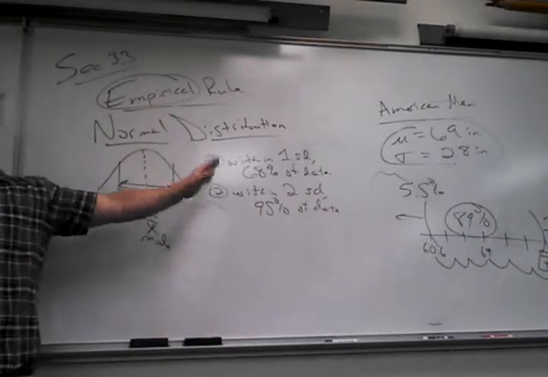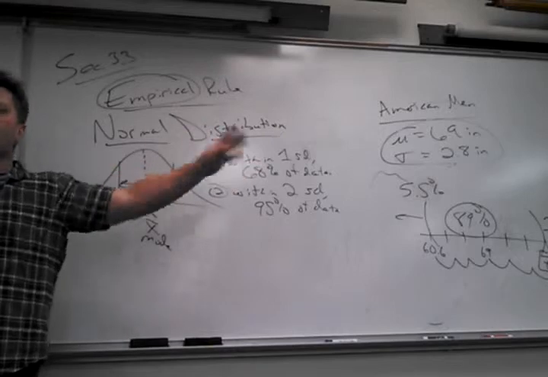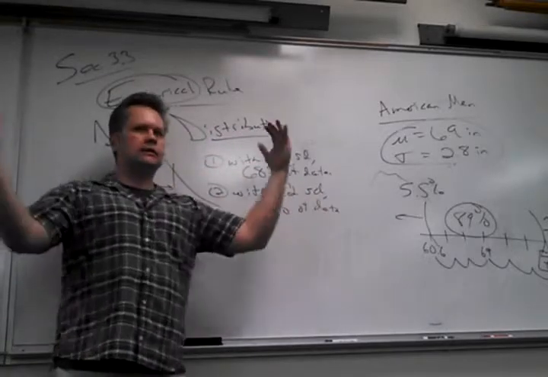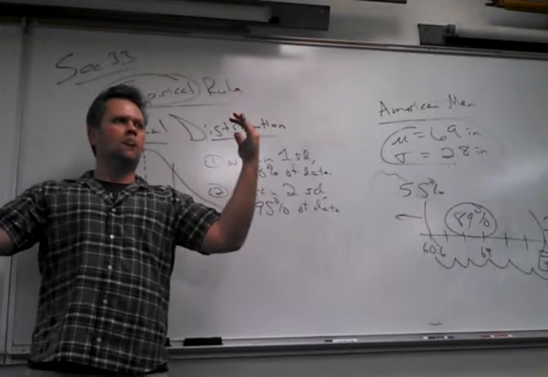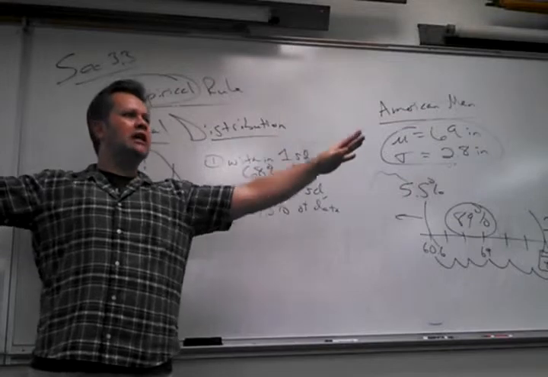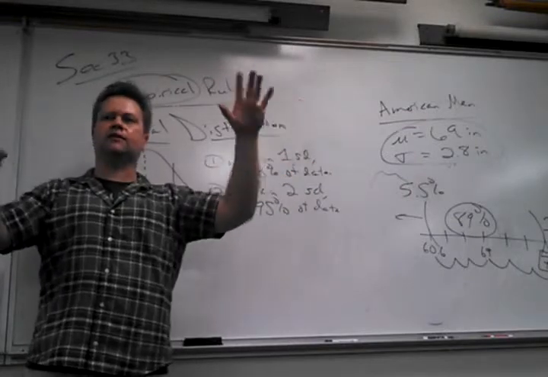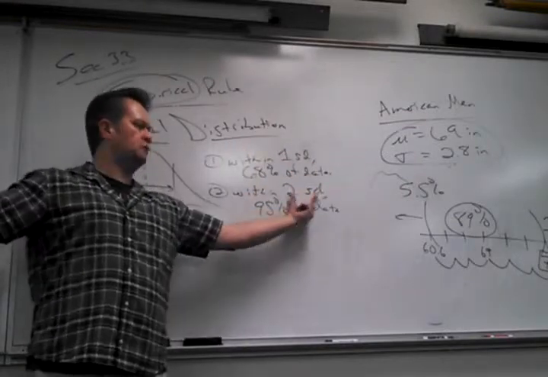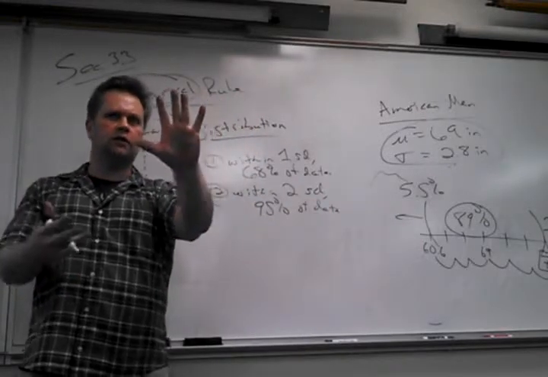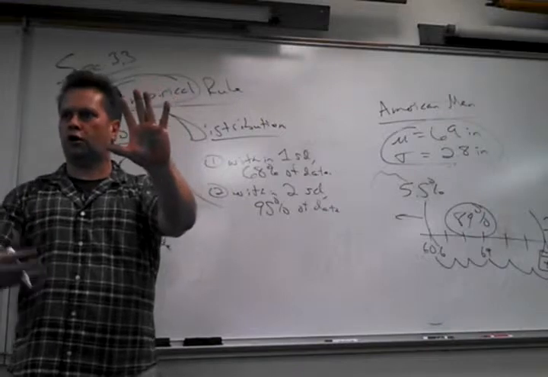And now you see why we call being 2 standard deviations away unusual. If 95% of the data is inside of 2 standard deviations, what percentage is outside? The probability that something happens outside of 2 standard deviations is a 5% chance. I think that's a good number to use as an unusual occurrence.